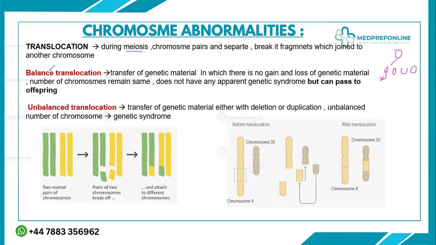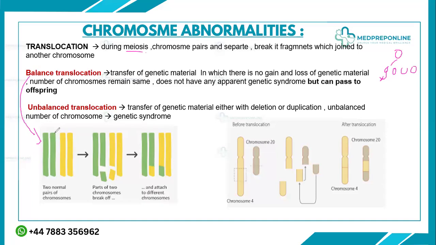Now there are balanced translocation and unbalanced translocation. Balanced translocation is a transfer of genetic material in which there is no gain or loss of genetic material. The number of chromosomes remains the same, it does not have any apparent genetic syndrome, but it can pass to offspring. This is an example of balanced translocation.